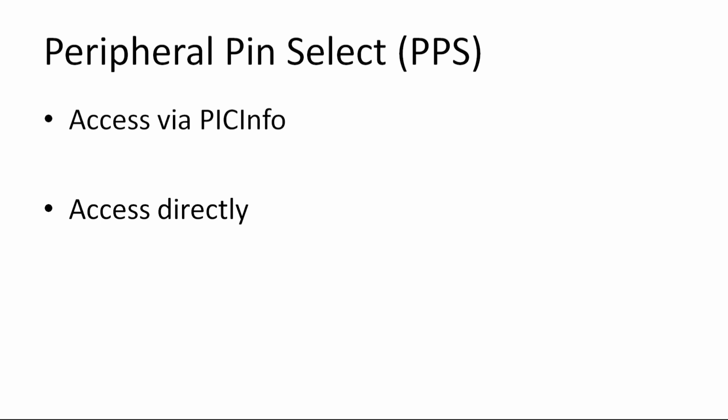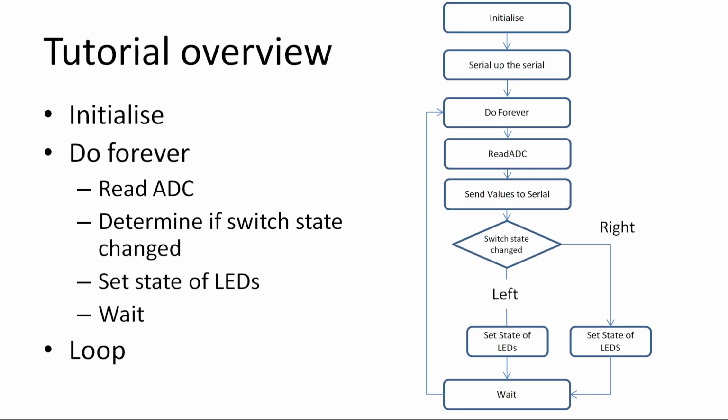We have a tool called the peripheral pin select tool, PPS, and you can access that via PIC info, which we've seen before, or directly from the IDE, which is what I'm going to do today.